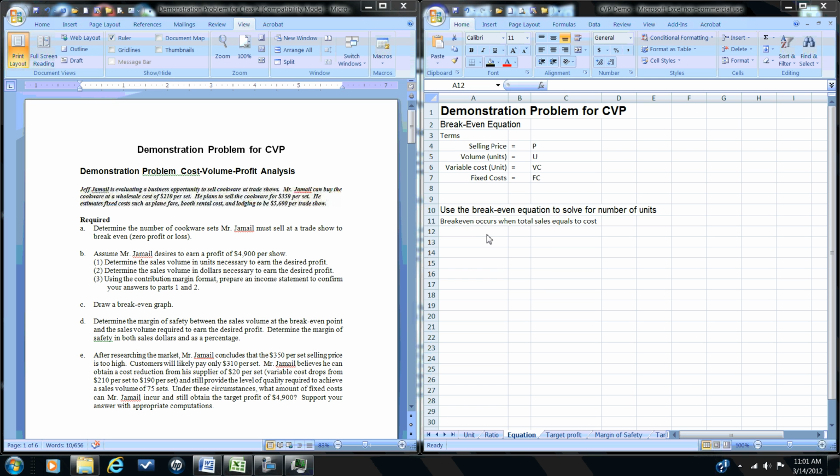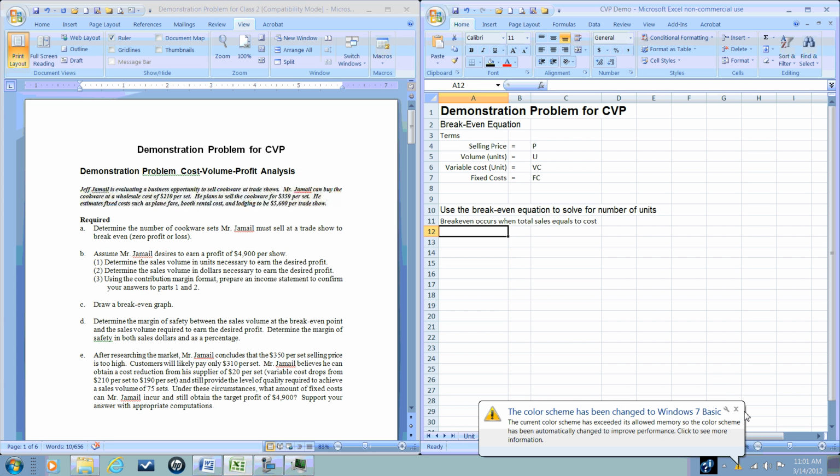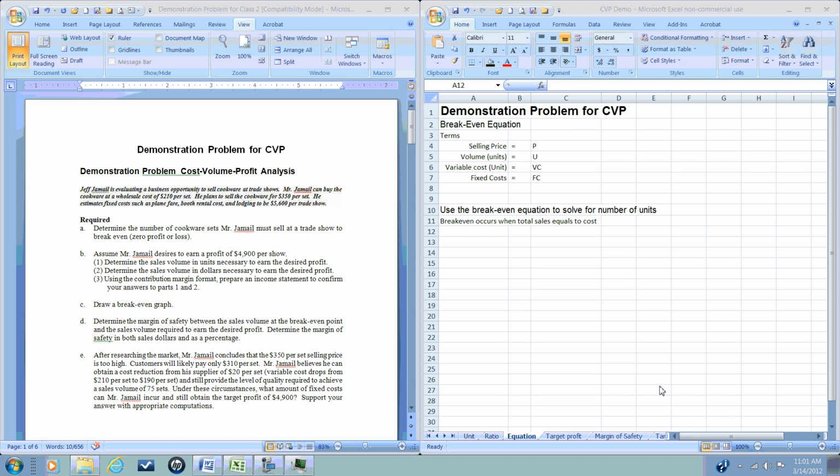So we know that break-even occurs when sales equals cost. So let's write an equation that gives us our total sales. Total sales will equal our price per unit times the number of units sold.